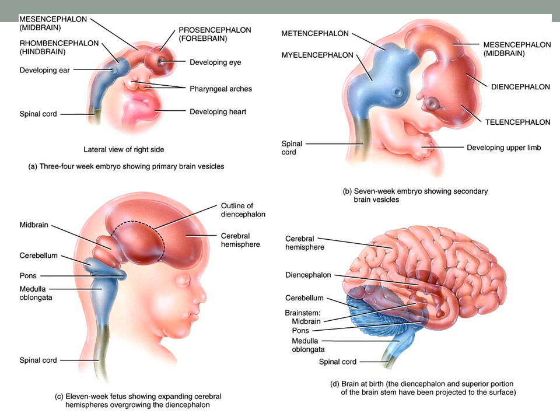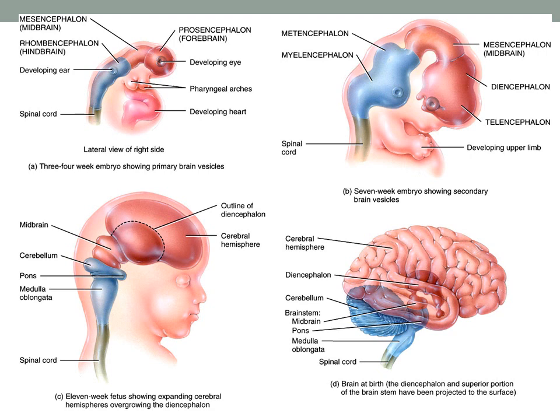And then at about 7 weeks, due to continued growth of the cranial end of the neural tube, the prosencephalon develops 2 structures, the telencephalon and the diencephalon. The mesencephalon continues to grow but remains undivided. And then the rhombencephalon divides to give us the metencephalon and the myelencephalon.